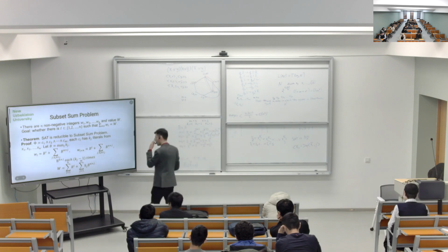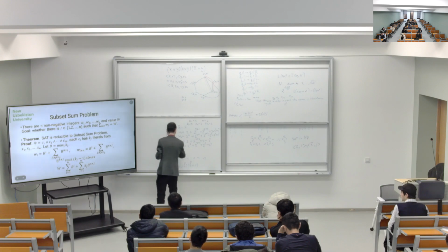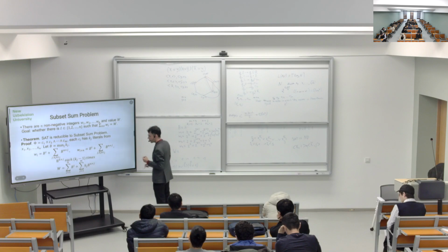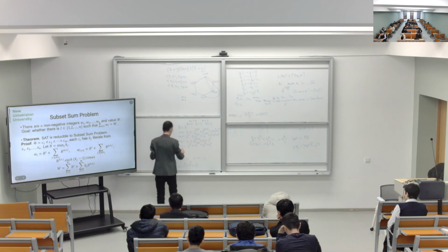Now, big W. So sum of bi's, i from 1 to n, I have 2. So it's 2 to the power of 1 plus 2 to the power of 2.